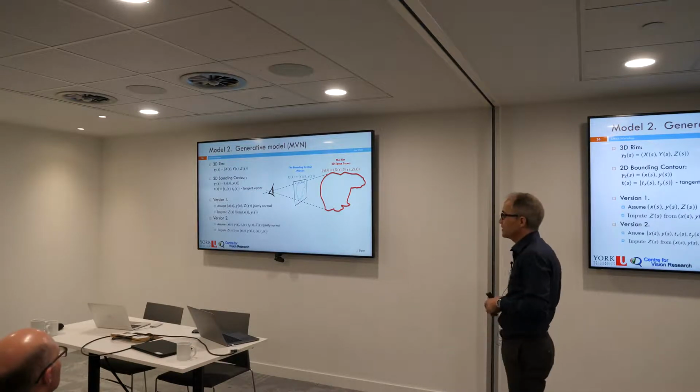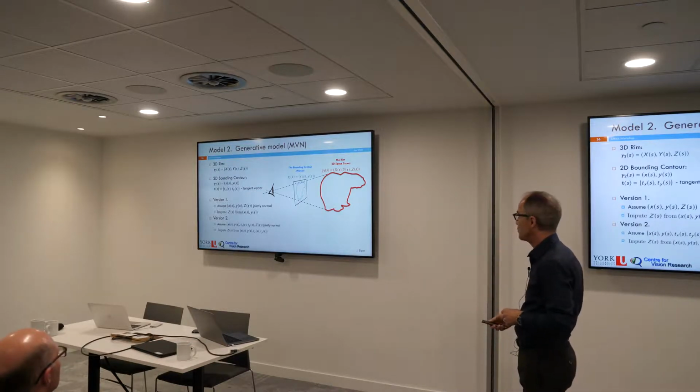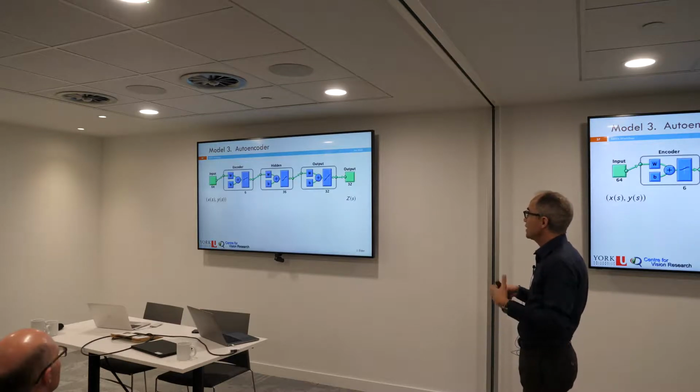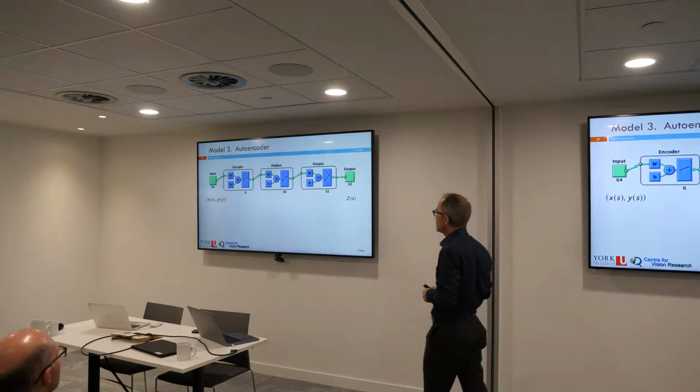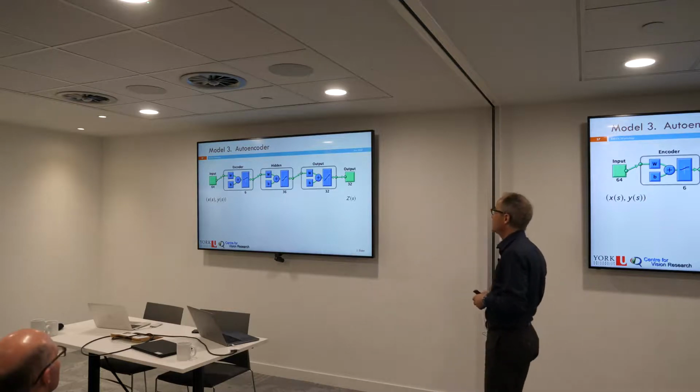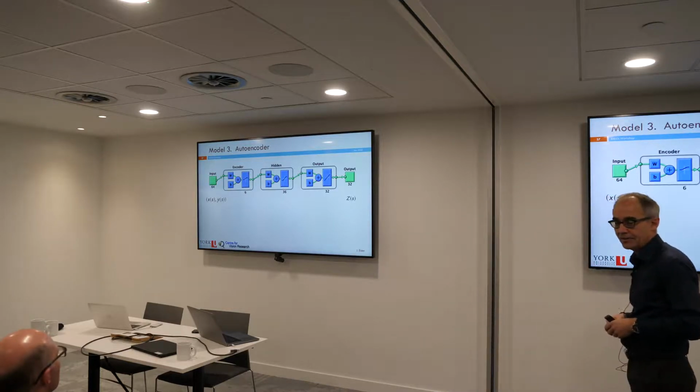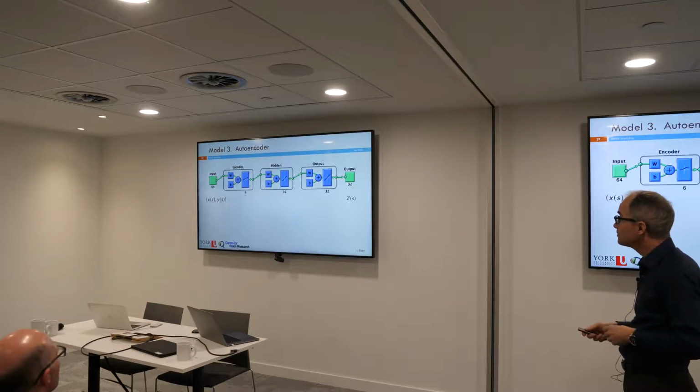Okay, so these are just very simple multivariate normal models. The final thing we've tried is just build an autoencoder. So brute force, just train an autoencoder to estimate z given the image contour.